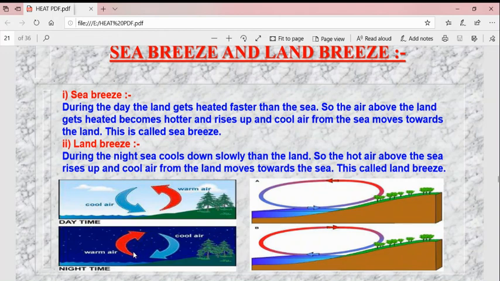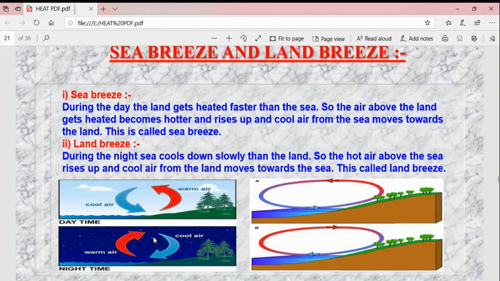This is called land breeze because the cooler land air moves towards the sea. Land breeze happens during the night time and sea breeze happens during the daytime.